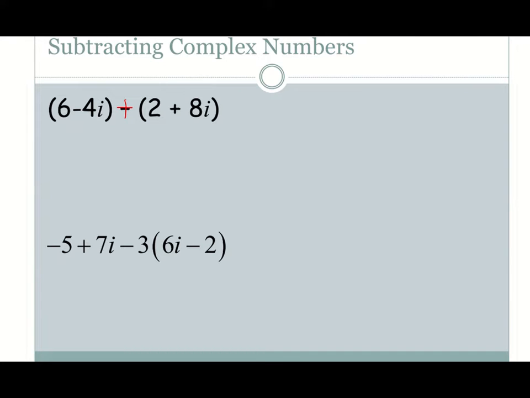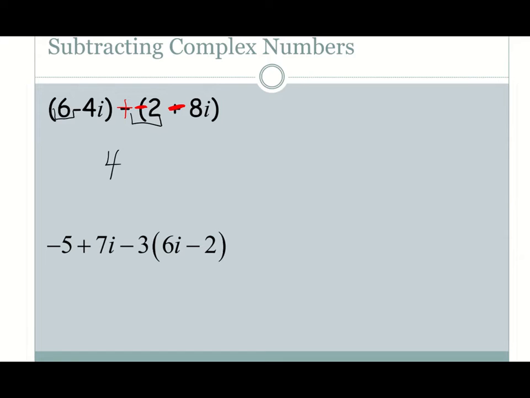If I distribute in a -1, it's -1 times 2, which becomes -2. And -1 times 8i becomes a -8i. So now I have addition, and I just combine my like terms. So I would take 6 and combine that with -2. So 6 plus -2 is going to give me 4.